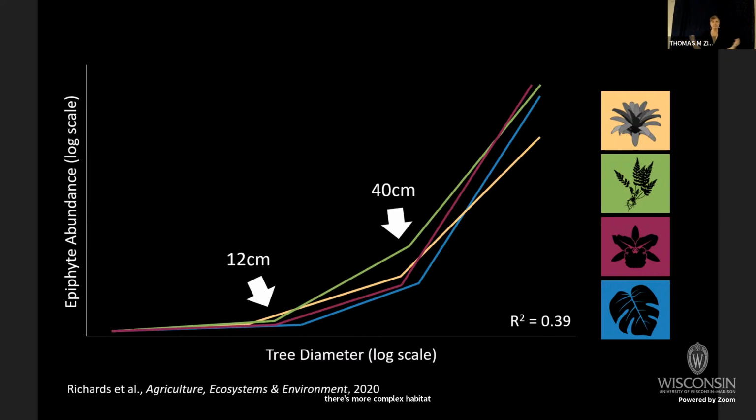There's more space on the bark and on the branches, but then there's also more habitat complexity, where you're getting that cooler environment along the trunk, and then more shade in the inner part of the canopy, and then the outer part of the canopy is really exposed to bright light and wind. And so it can host more different kinds of species.